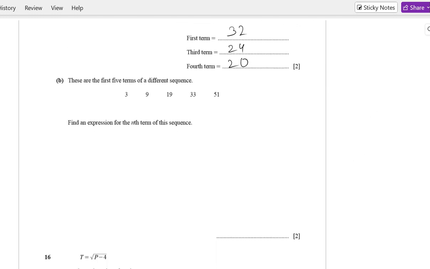There are the first five terms of a different sequence. Find the expression. So it is 6 and 10, 14, then 4 and 4. It's a second difference formula.